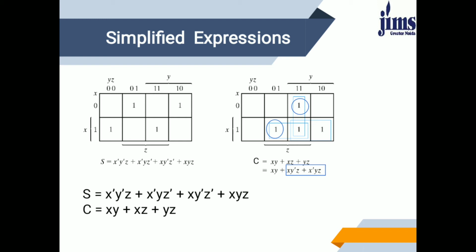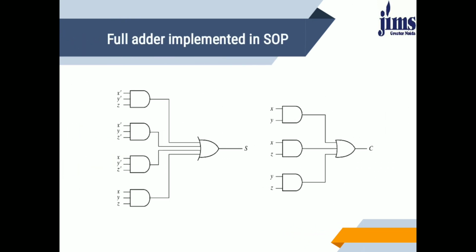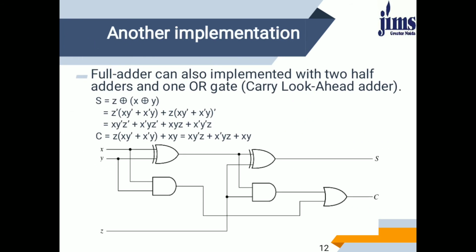This is actually the XOR of 3 inputs, x XOR y XOR z. And carry is xy plus xz plus yz. So you can generate a diagram like this. If you want to customize or minimize it, you can use an XOR gate. As I have told you, this sum is equivalent to x XOR y XOR z.